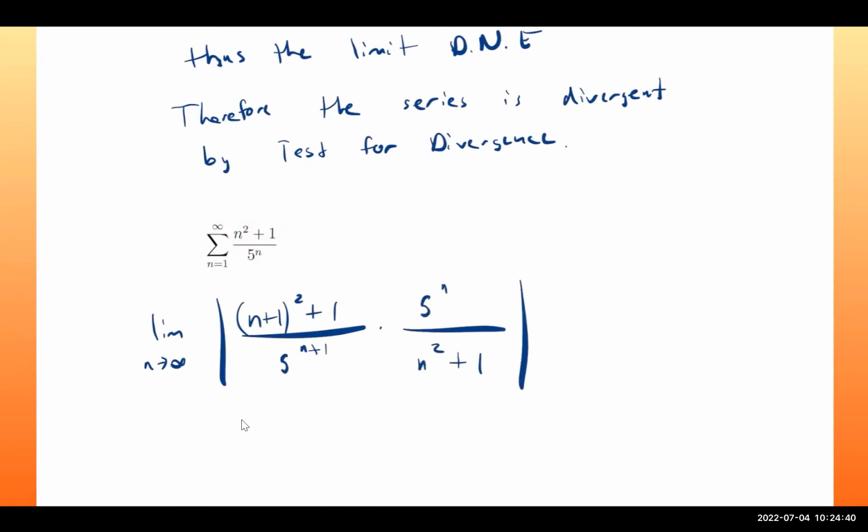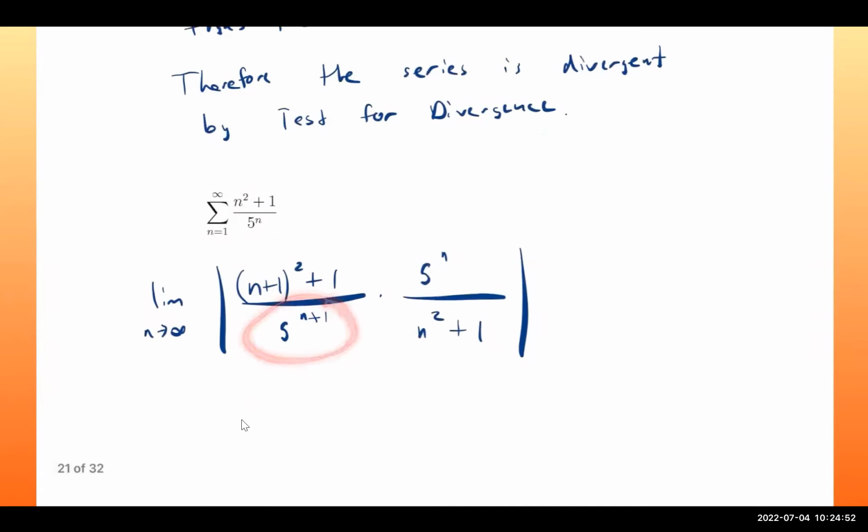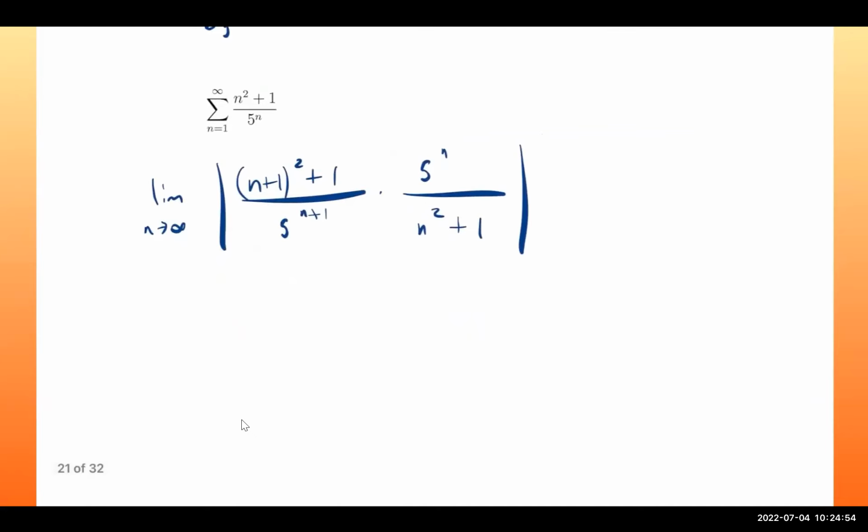I am doing a sub n plus 1 divided by a sub n, but the a sub n I'm multiplying by the reciprocal instead of doing the division. This one can be broken up, and so the new limit will look like this.